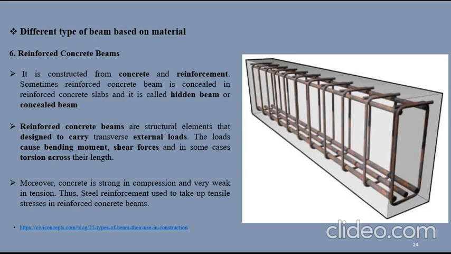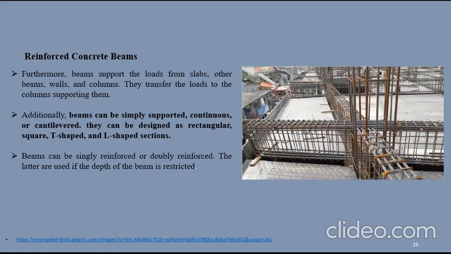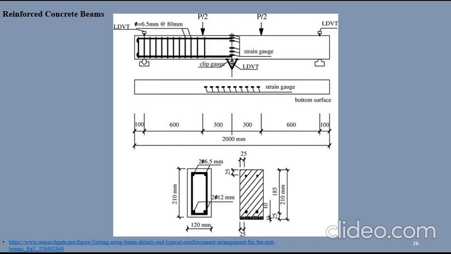The load causes bending moment, shear forces, and in some cases torsion across their length. Beams can be simply supported, continuous or cantilever. They can be designed as rectangle, square, T shape, and L shape sections.